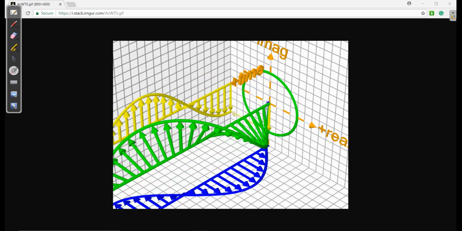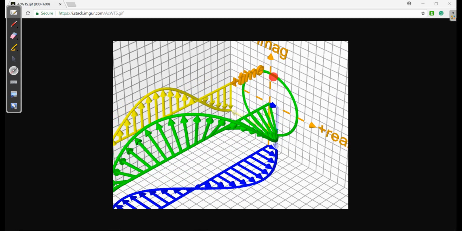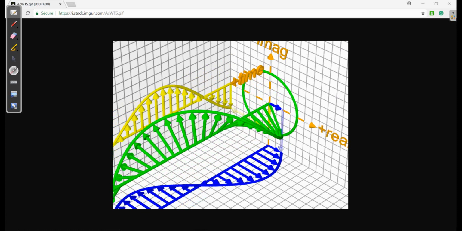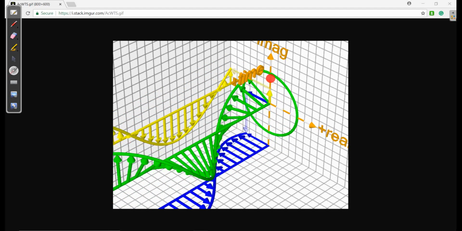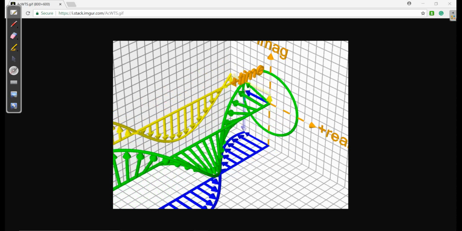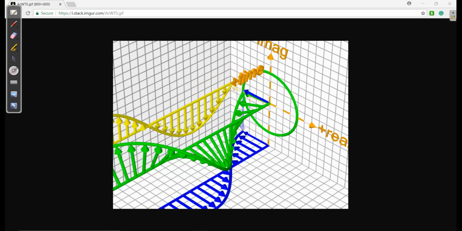If we plot real versus imaginary, we are getting a circle. So this is a nice animation that helps you visualize the relationship between the complex exponential and the sinusoids.